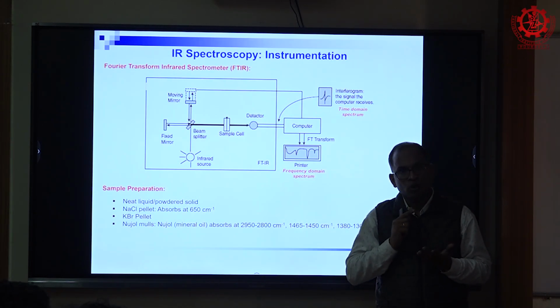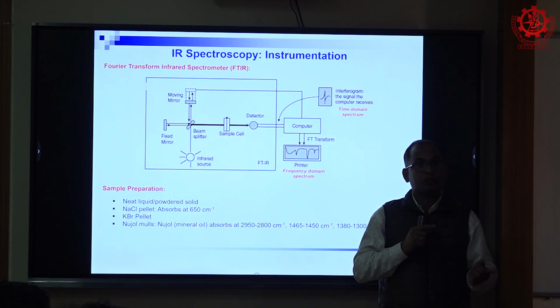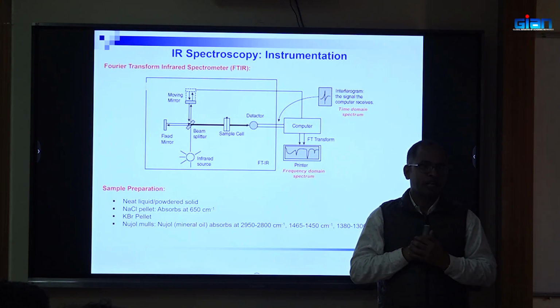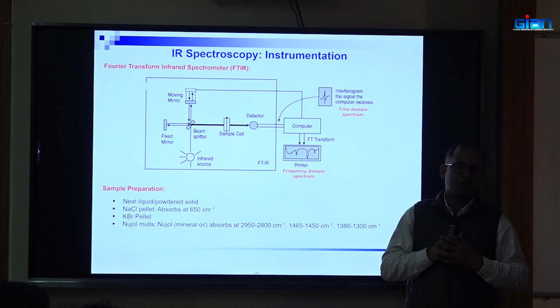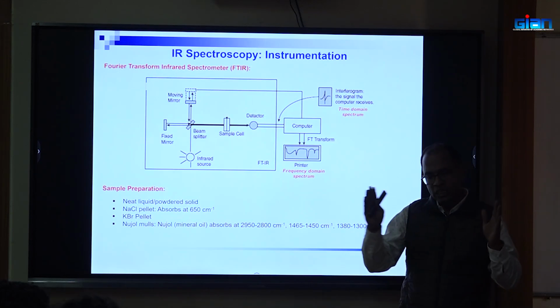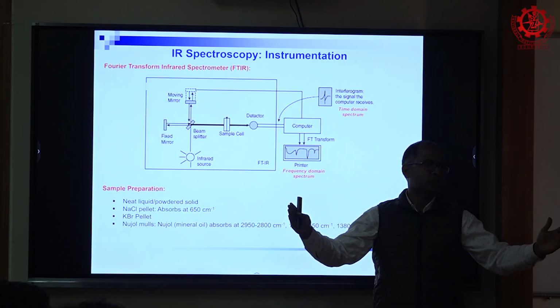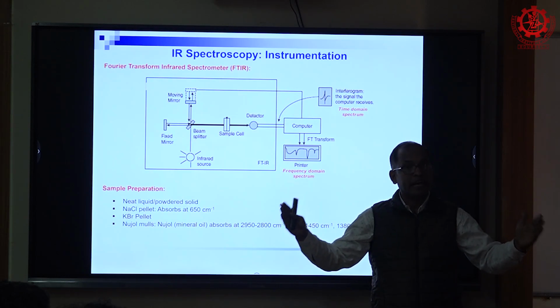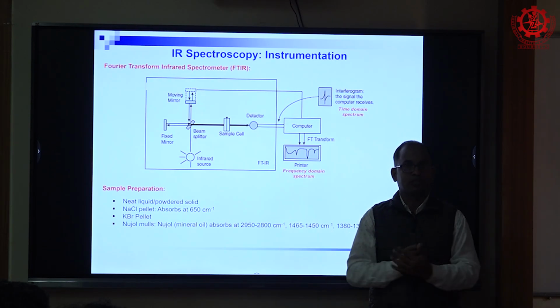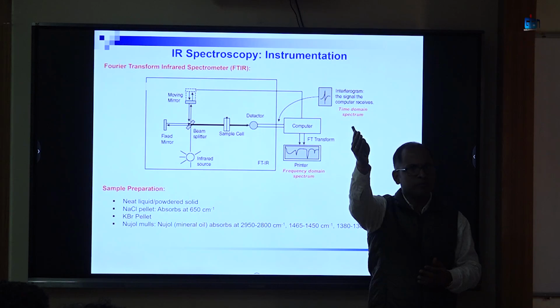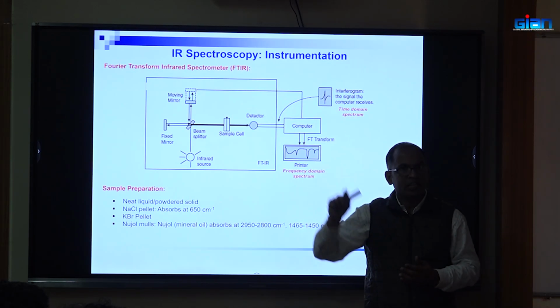It was the same for UV spectrometer and NMR spectrometer in the earlier days. But now Fourier transform came, so you give from 400 to 4000 centimeter inverse, the whole range, at once. It takes probably 5 seconds or 1 minute, because it is just doing the scanning.